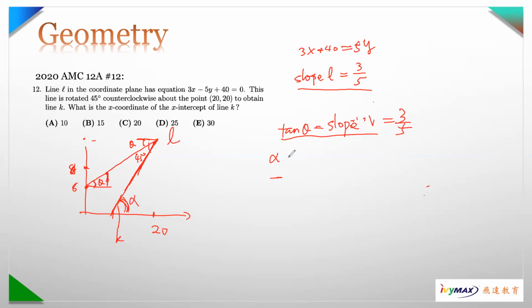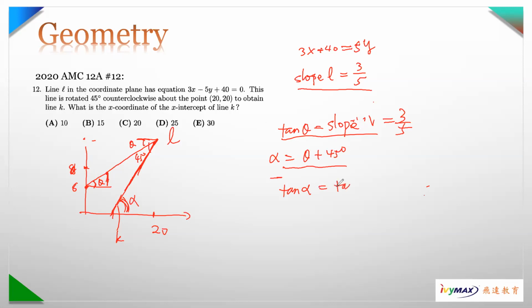So alpha should be the sum of angle theta plus 45, right? This is the angle between the line L and K, right? So the tangent of alpha should be the slope of the new line, right? Just the same definition.